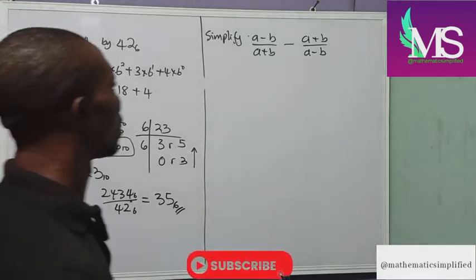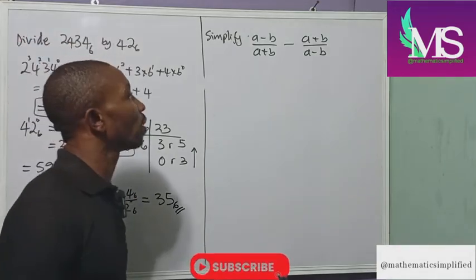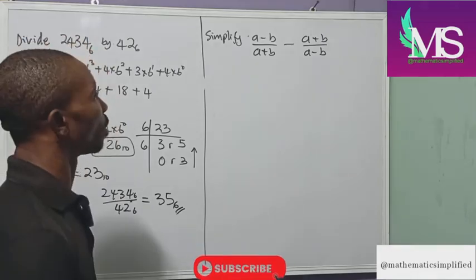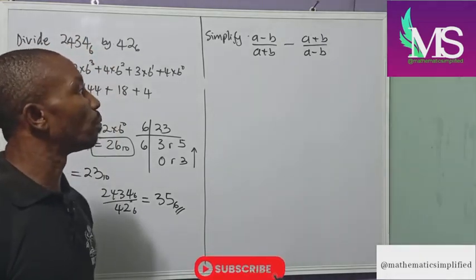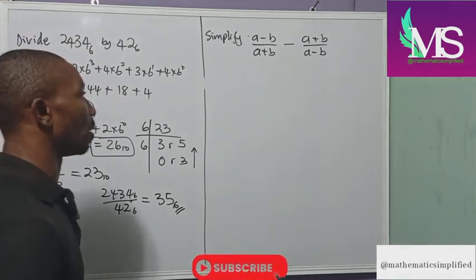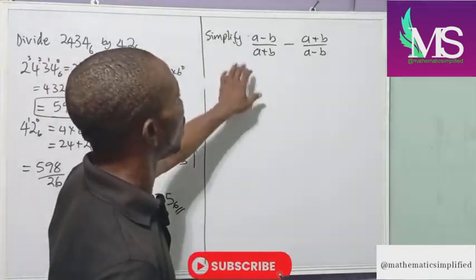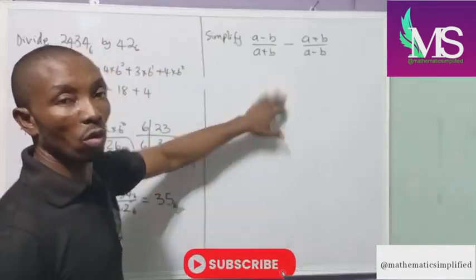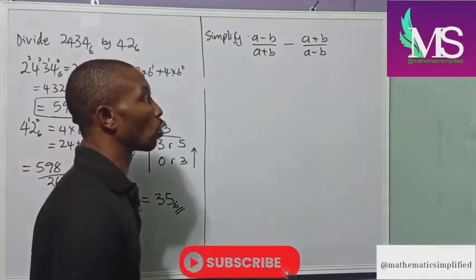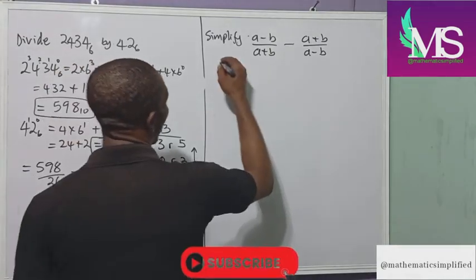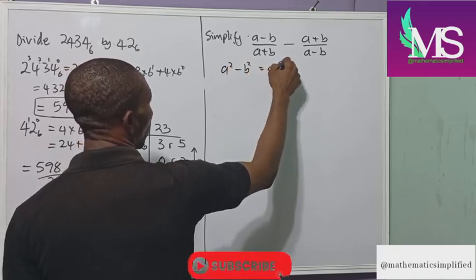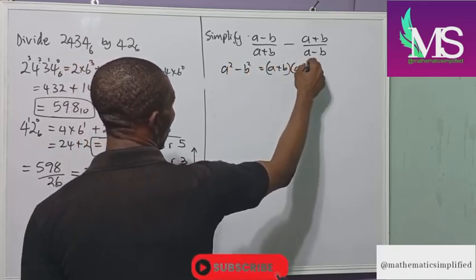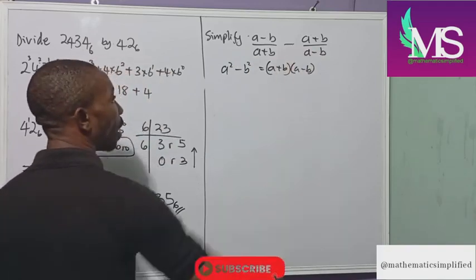Now, our next one says, simplify (a minus b) divided by (a plus b), minus (a plus b) divided by (a minus b). We know that in this, our denominator would give us a difference of two squares, where we have a squared minus b squared equals (a plus b)(a minus b), which is what we have here.